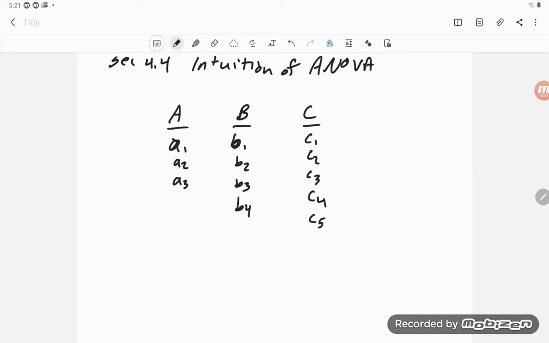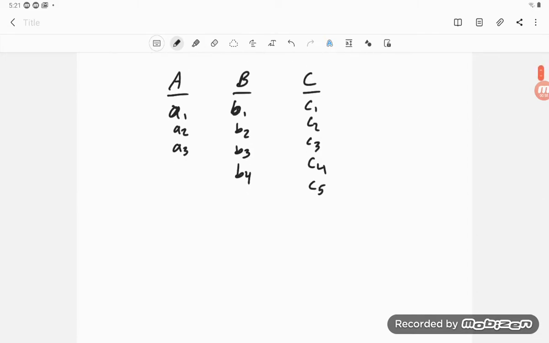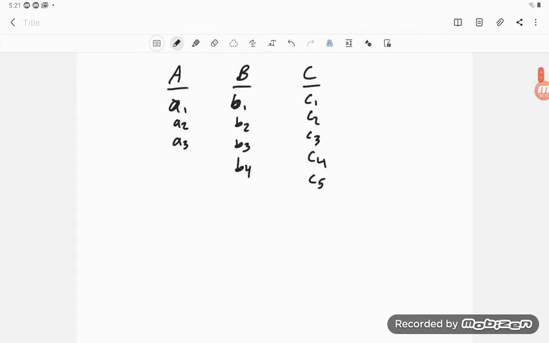Just to point out, the lengths don't have to be the same in each column. Each of these I could make a little box plot for, and as we look at the box plots, we want to see: do they look about the same or not? Well, let's look at what the calculations are saying about those pictures.